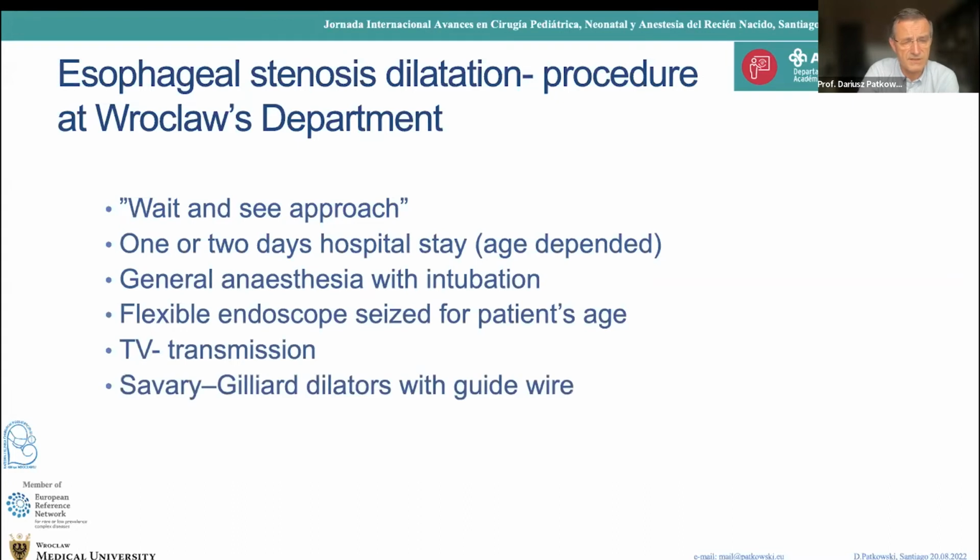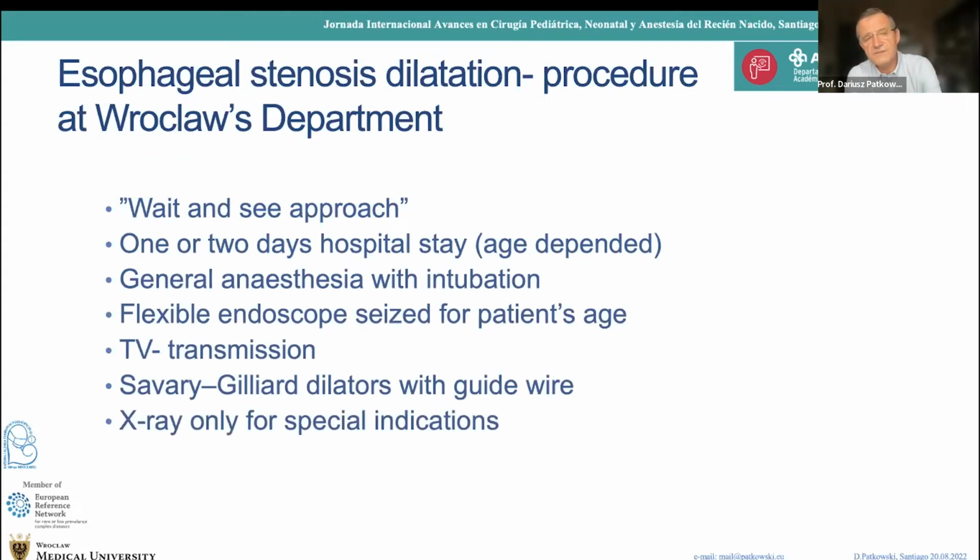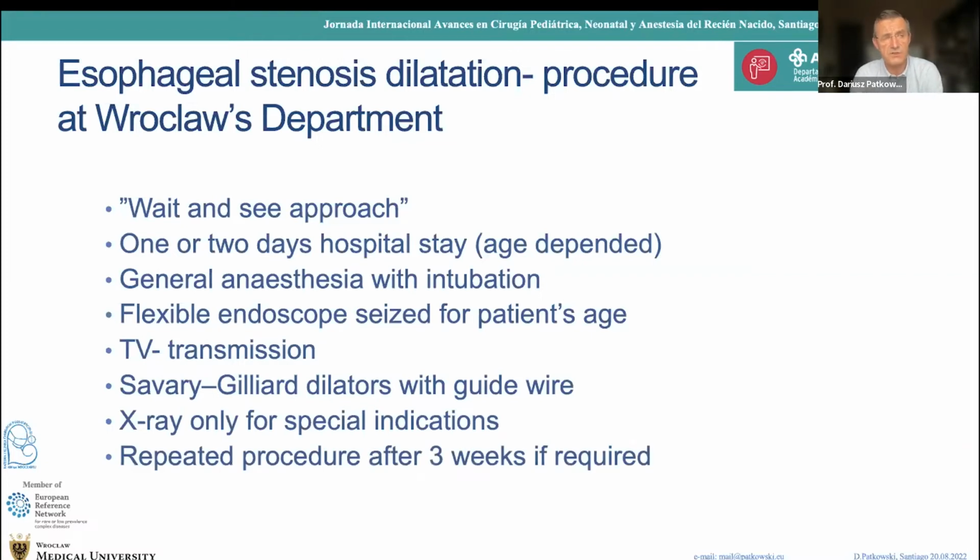As I already told you, Savary-Gilliard dilators with guide wire. We don't use X-ray routinely, only for special indications when we are in doubt whether we have a correct position of the dilator, or for any complication. In such cases we do it.